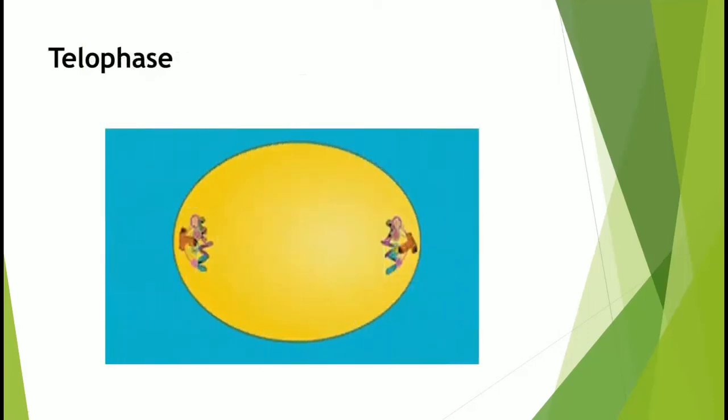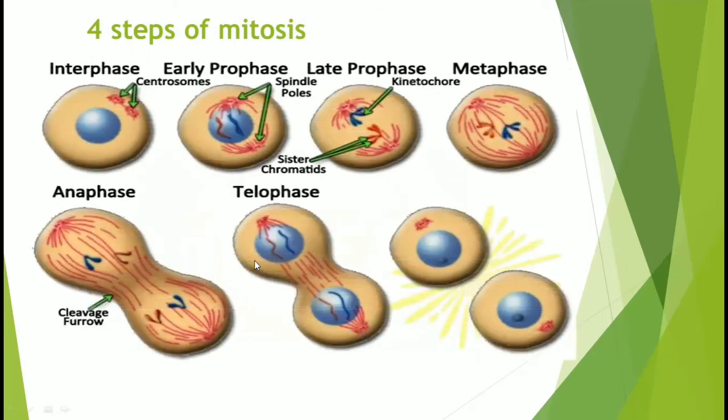Then you say the telophase. See there, telophase. In telophase, the chromatids which have reached the opposite poles of the cell now start decondensing, due to which they become thread-like, thin and invisible.